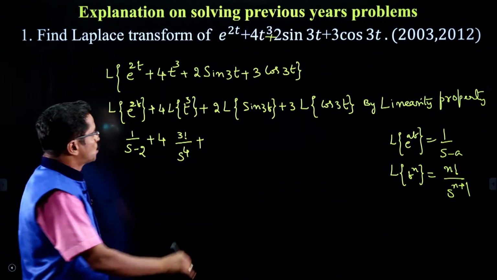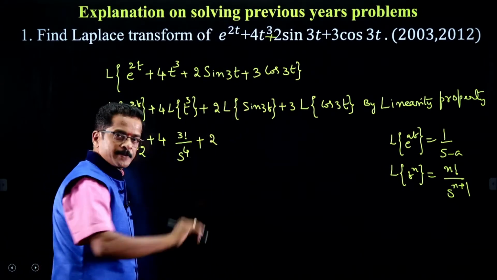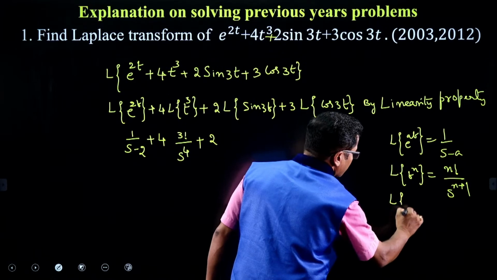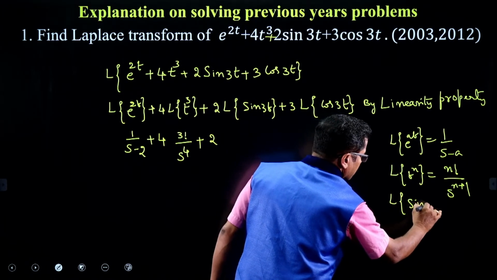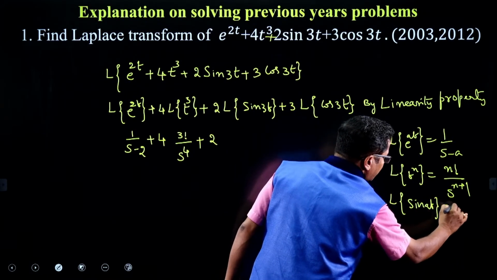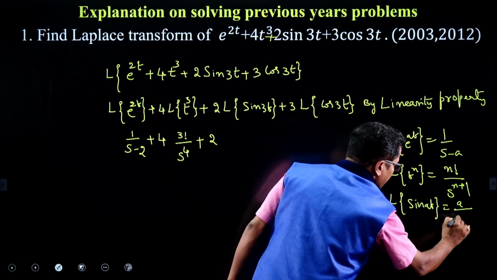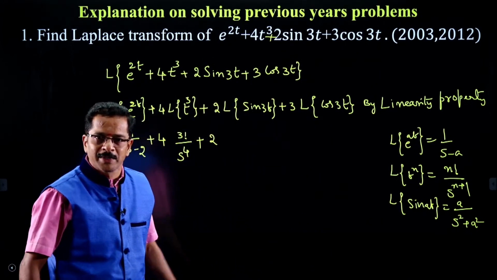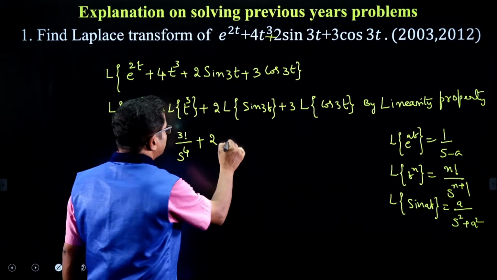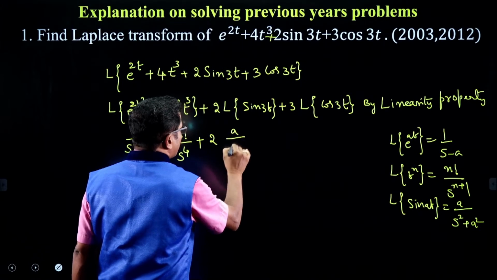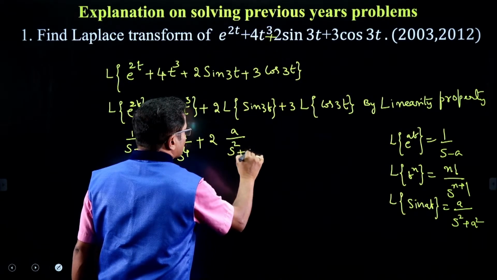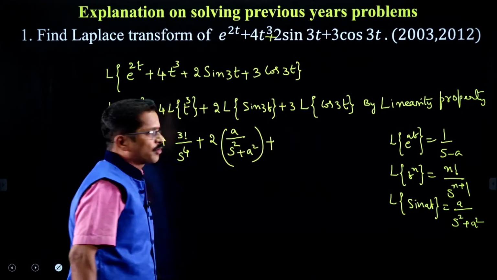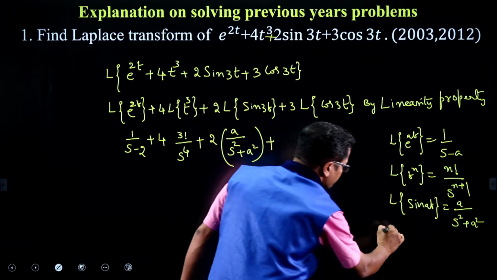plus 2 into L of sin 3t. So we had L of sin at, what we had learned in previous slide, that is a by s square plus a square. That I am writing here, a by s square plus a square, plus L of cos 3t means L of cos at.